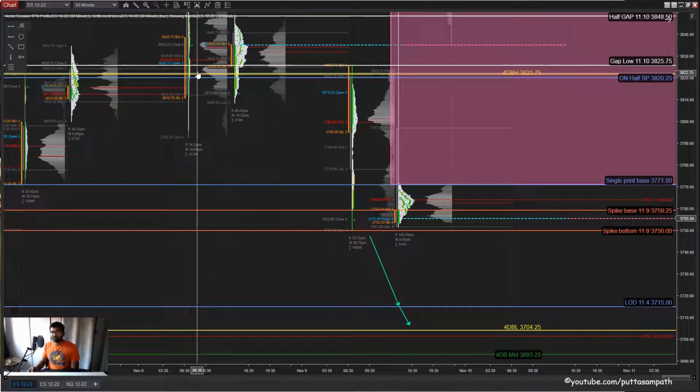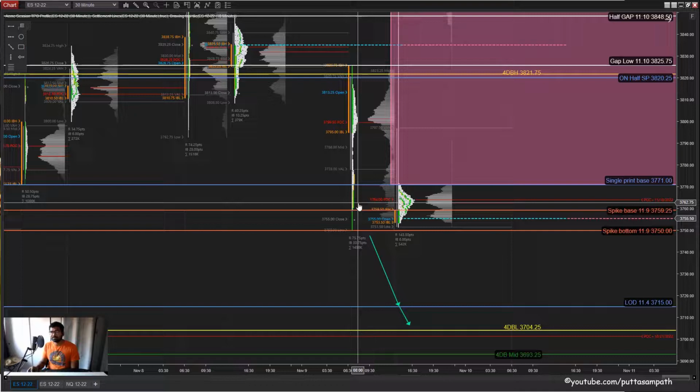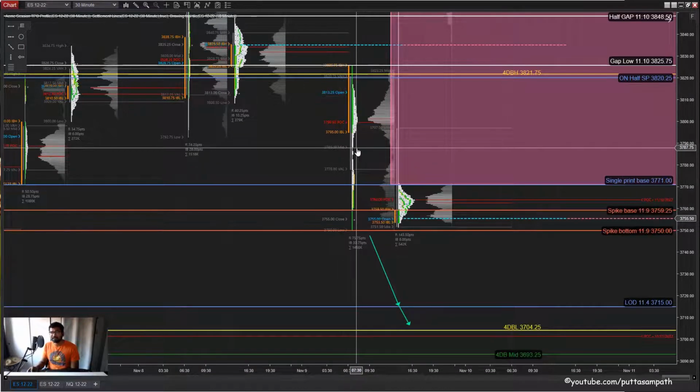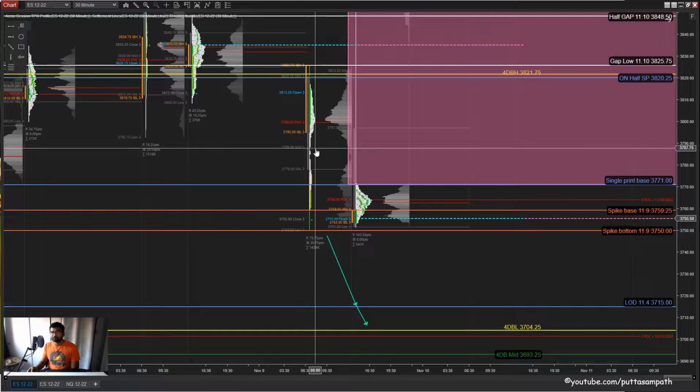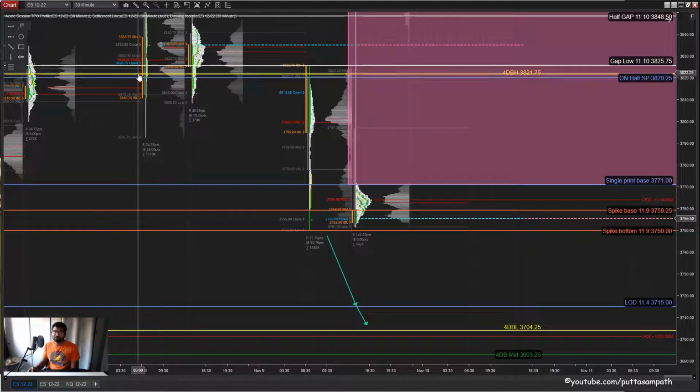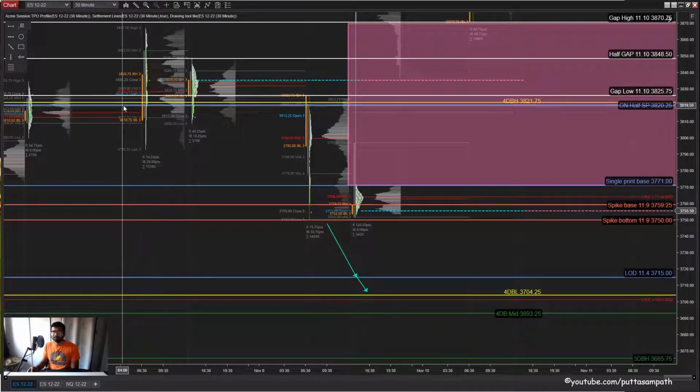And then on Thursday, we had a breakdown. We came back within the balance zone and then closed near the low of the day, creating a spike. But there were exact selling points. If it were an actual breakout, generally a balance breakout would move very wild, but it hadn't moved that wild.